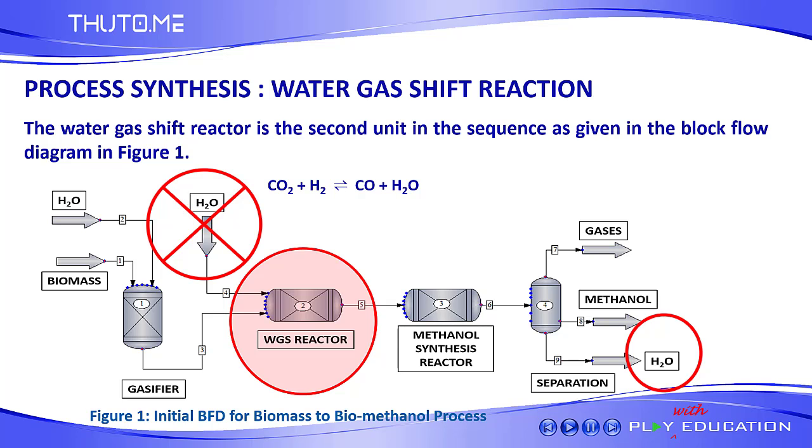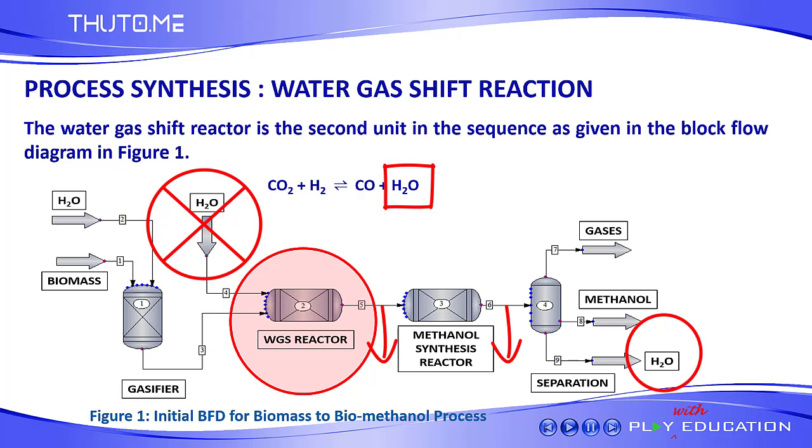However, we just need to emphasize that this reaction is going to produce water. So you will need to remove water somewhere downstream. I'm not saying it has to happen after methanol synthesis. I'm saying it has to happen somewhere downstream. You may opt to remove it here. You may opt to remove it here. Somewhere downstream, you're going to have to remove that water.